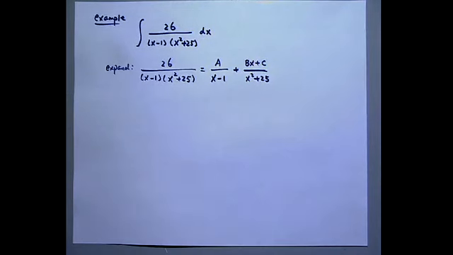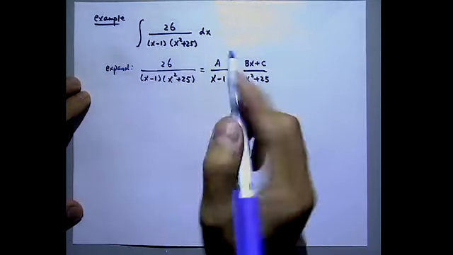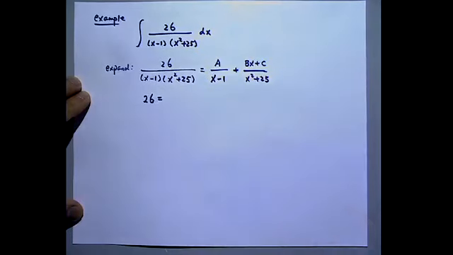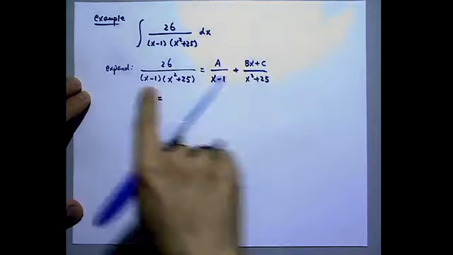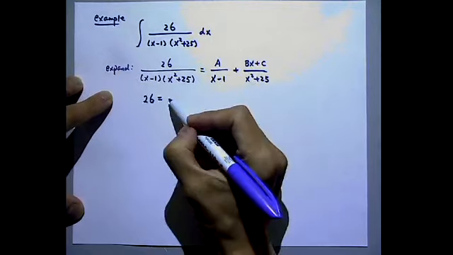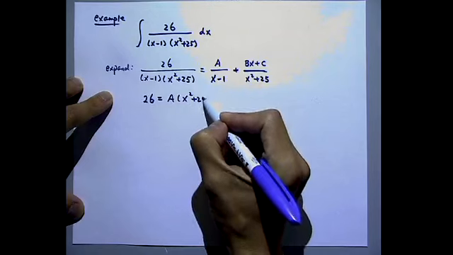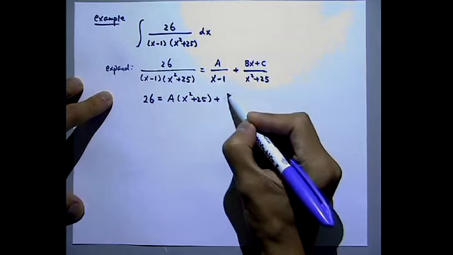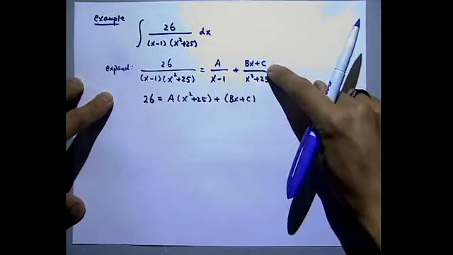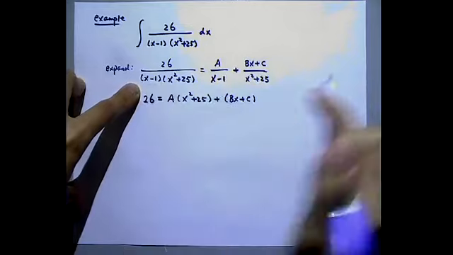Okay, now we find our constants. Multiply both sides by the denominator. So we get 26 is equal to this times all of that. The x minus 1 cancels, so we get A times x squared plus 25. And then the second one gets Bx plus C, the whole thing times x minus 1.